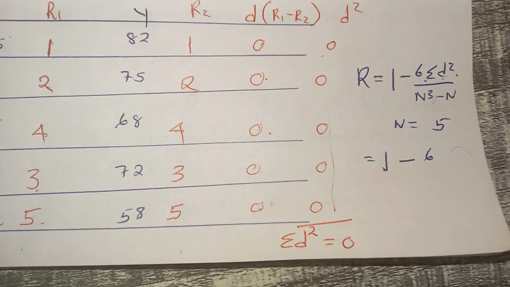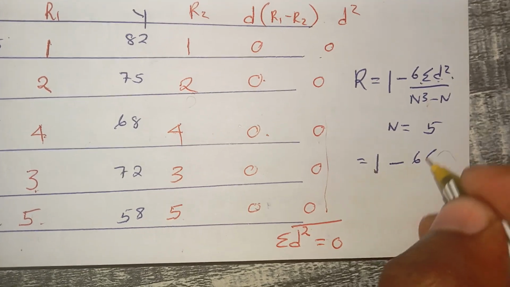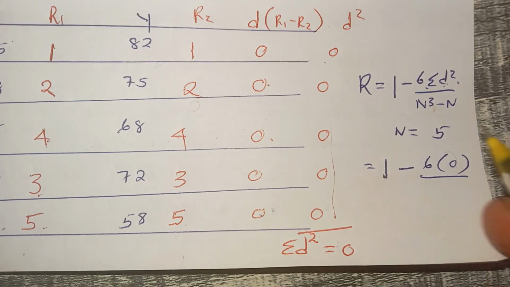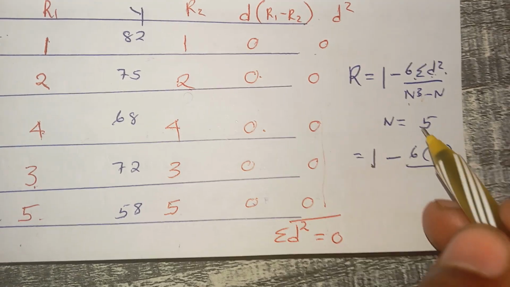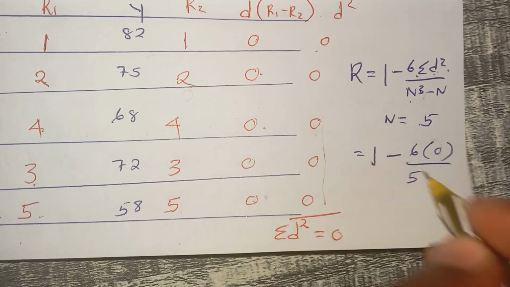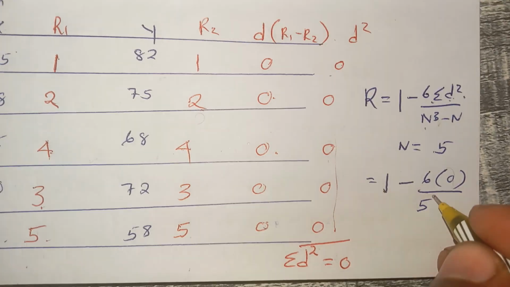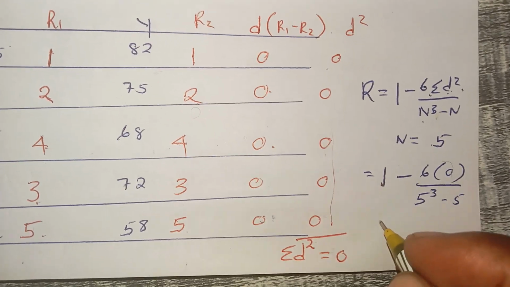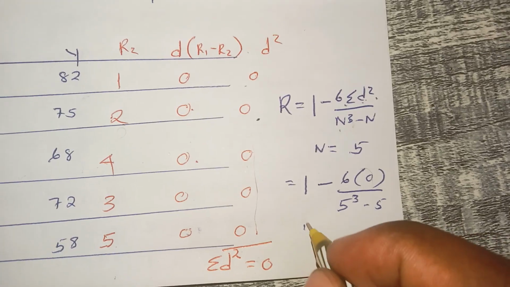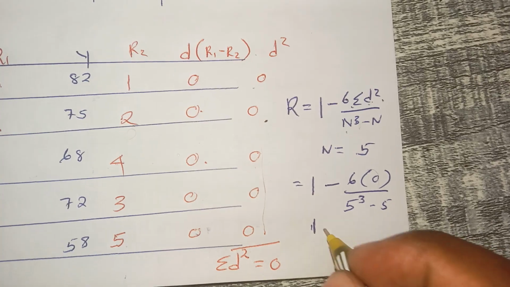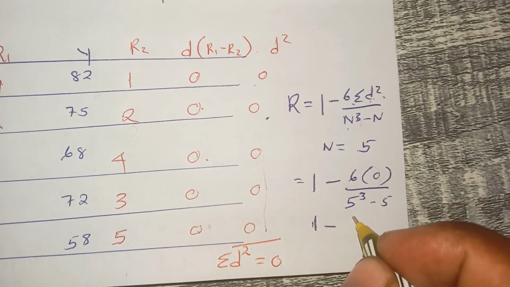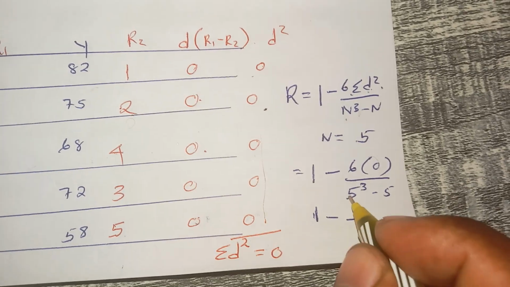Then from there, you divide by n cubed minus n. Our n, remember, is 5, so it is 5 cubed minus 5. So we have 1 minus 6 times 0, which gives you 0, over 5 cubed.